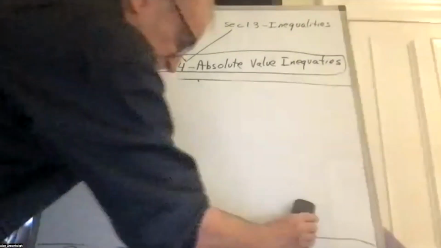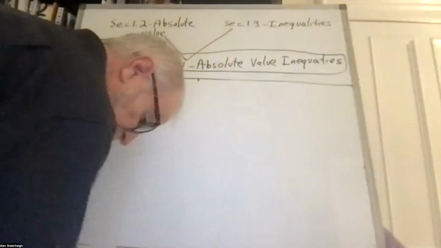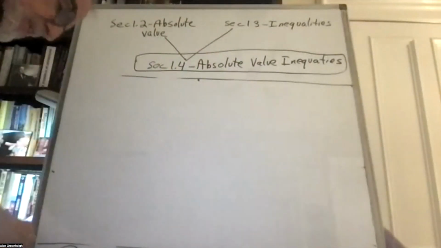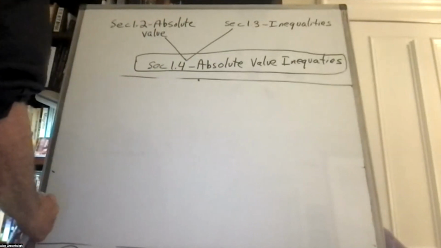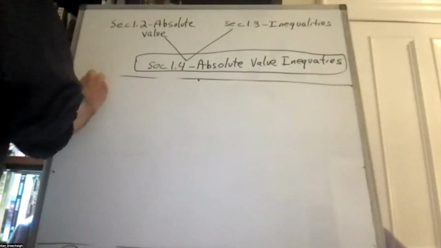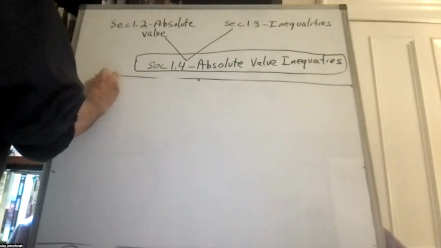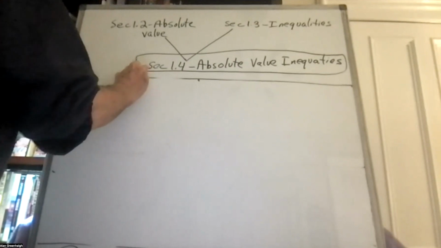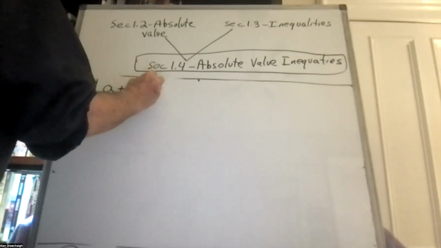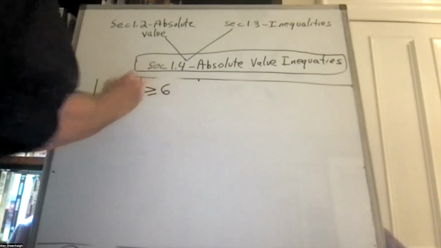And leave that, actually, the example, and then just give you two problems to try. And let's see how you do. So these will be a little more elaborate, obviously. The absolute value of A plus 9 greater than or equal to 6.